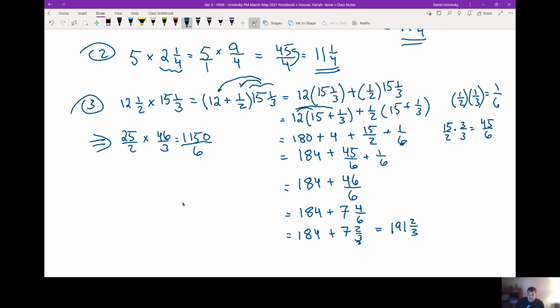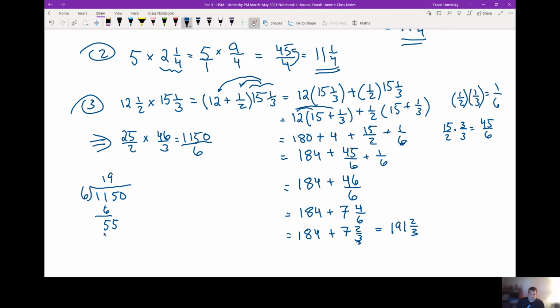I'm guessing if we do this, well, let's do it in long division. So 6 divides 1150. So 6 goes into 11 one time. So we'll get 6. We can subtract those to get 5. Bring down the 5. It goes in 9 times.